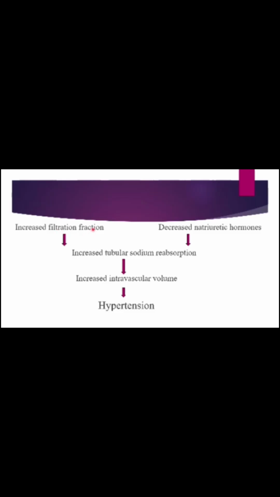If filtration fraction is 20%, the remaining 80% continues its pathway through the renal circulation. So here the filtration fraction is increased. Besides that, natriuretic hormones are decreased, and both cause increased tubular sodium reabsorption. It also causes increased intravascular volume, and that will cause hypertension.